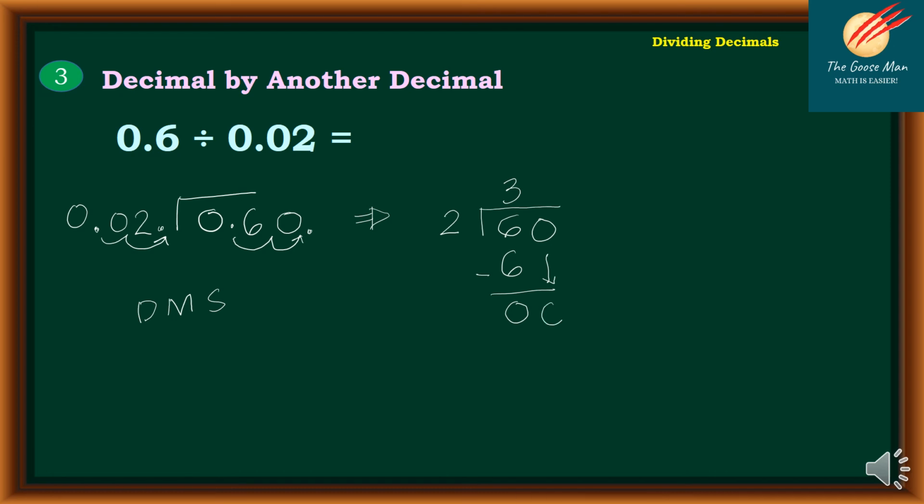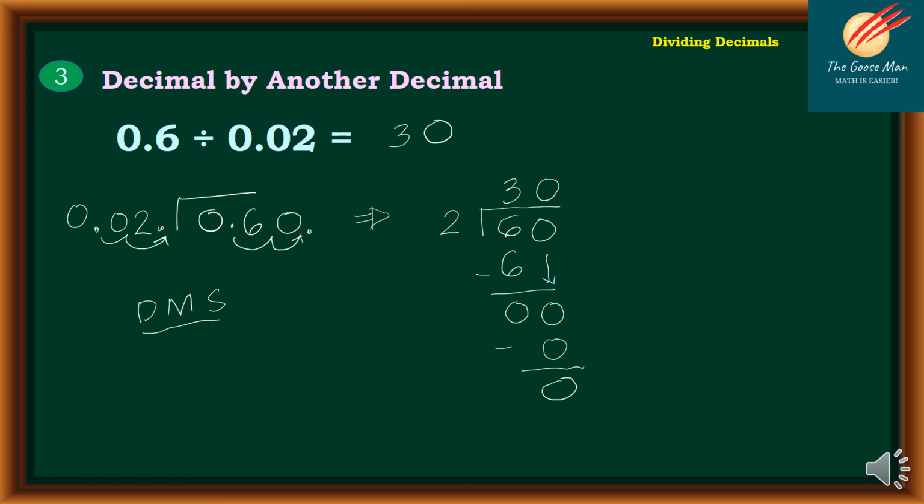Copy. We will repeat the process of divide, multiply, and subtract. So 0 divided by 2 will give us 0. Then 0 times 2 is 0. Then subtract is equal to 0. So therefore, 0.06 divided by 0.02 is equal to 30.